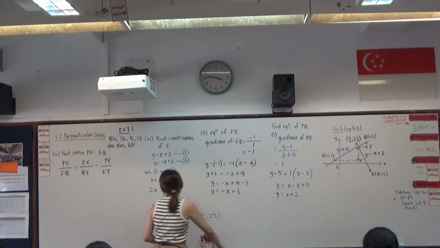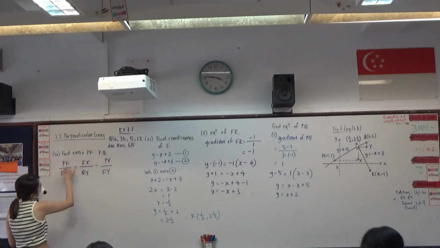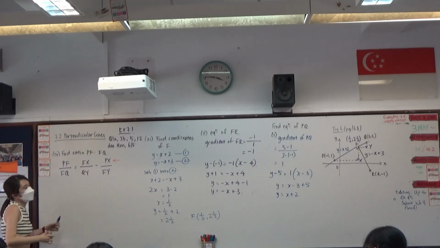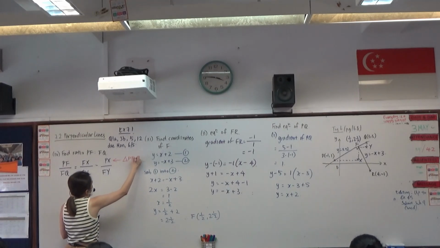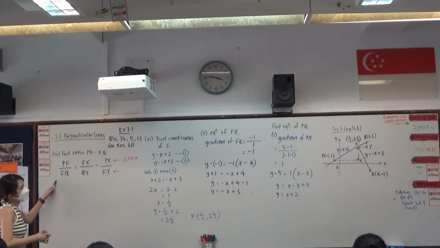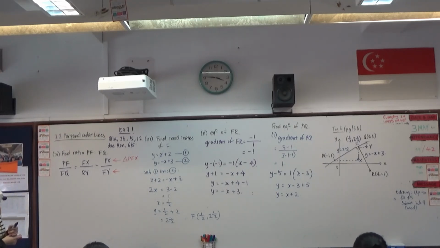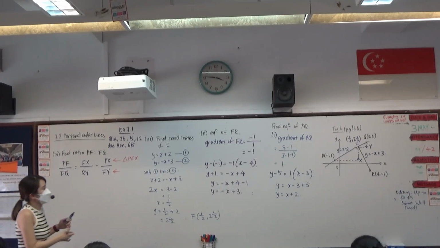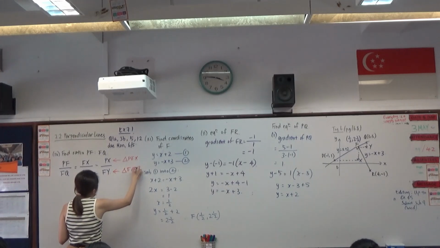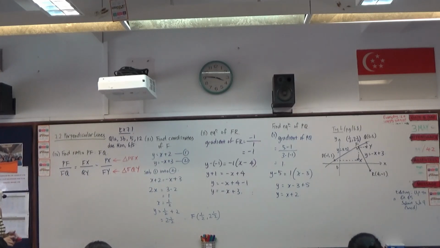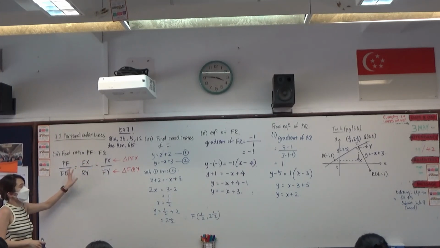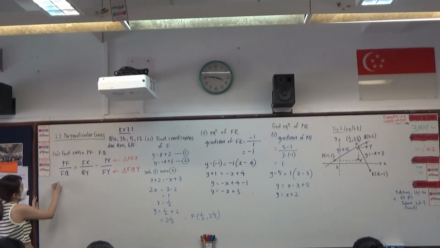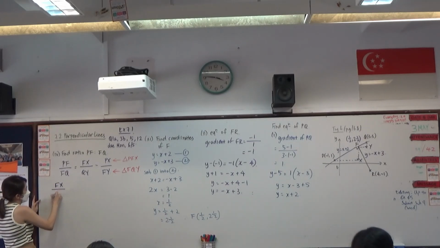Keeping in mind that my choices in the numerator all belong to the triangle PFX, and the sides in the denominator will be from the triangle FQY. Okay? So I can go ahead to find the ratio for one of them, I don't need to find both. So let's say I want to find FX over QY.